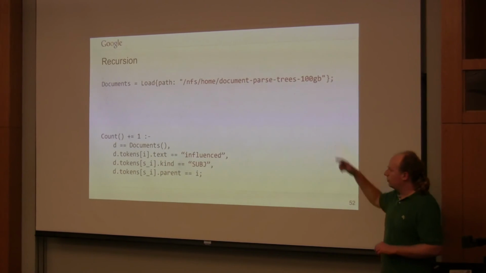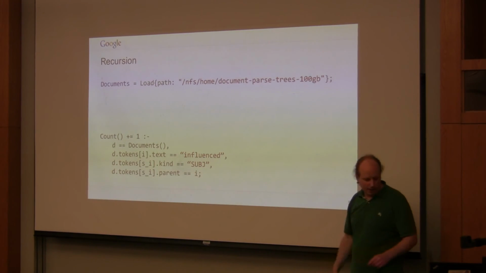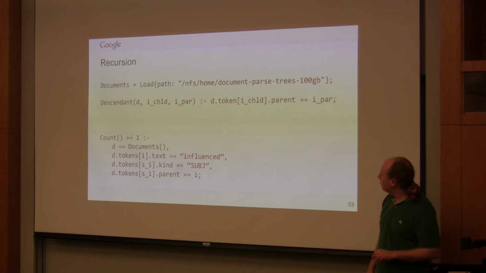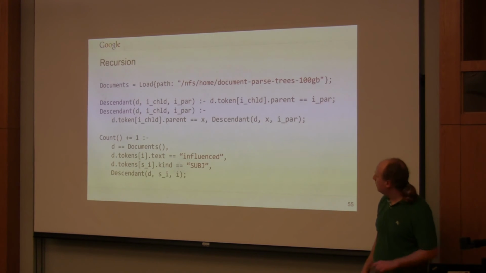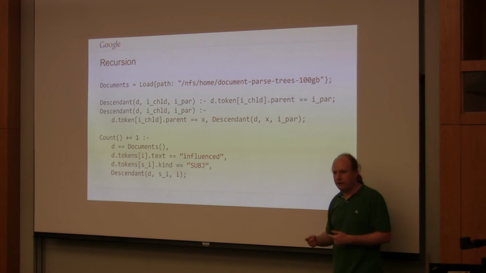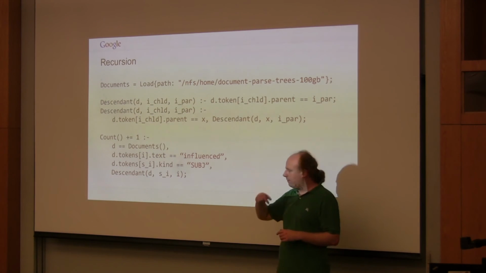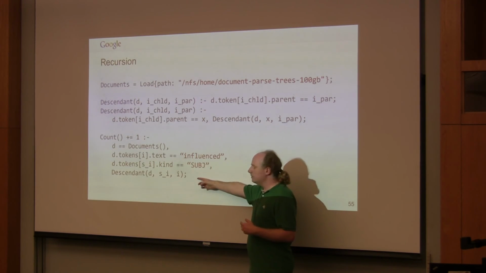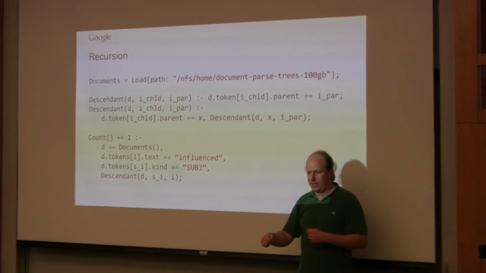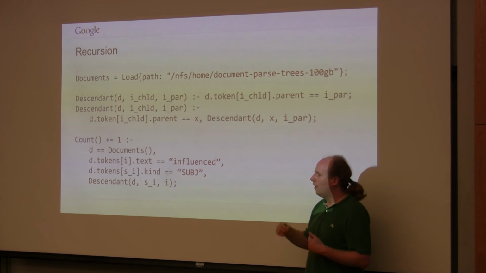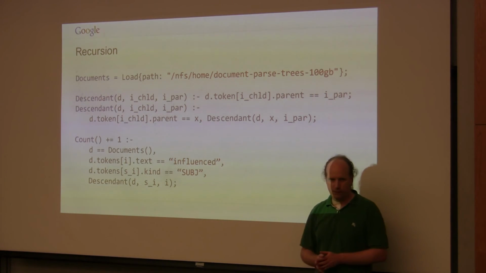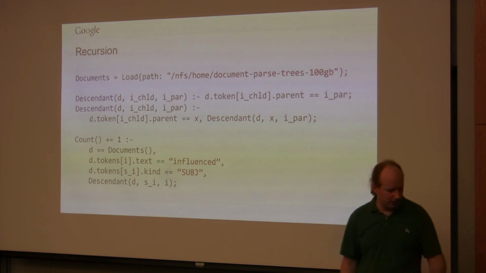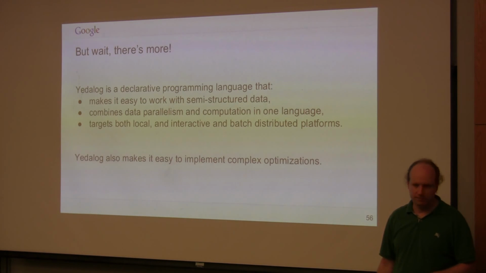We can then use the same thing in our program to express the descendant predicate. This allows us then to identify things where the subject is not the direct child of influence, but an indirect descendant of the influence token. And with that, we actually can then get reasonable results.